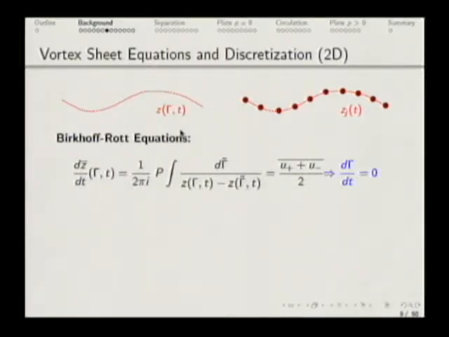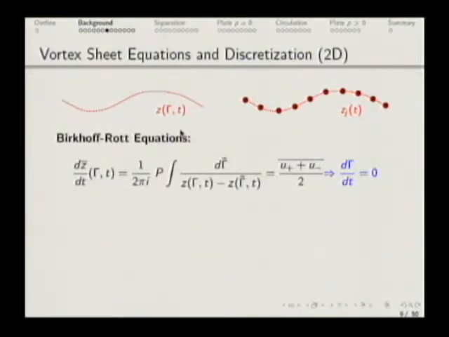And that is not a trivial thing to show, but if you move them with the Birkhoff-Rott equations, which are written this way as a Hilbert transform, one can show, because of the Plemelj equations, that this is exactly the average of the fluid velocity.